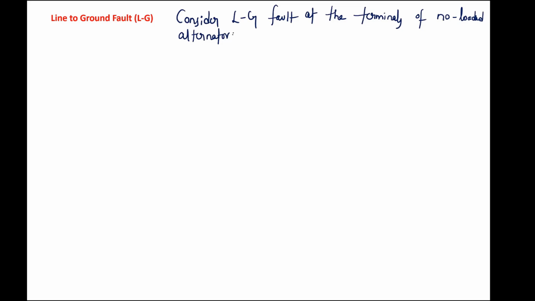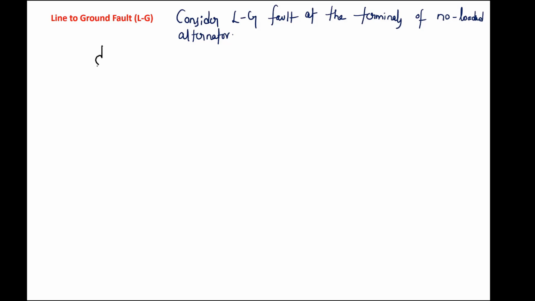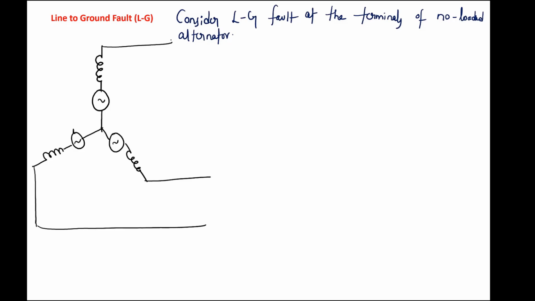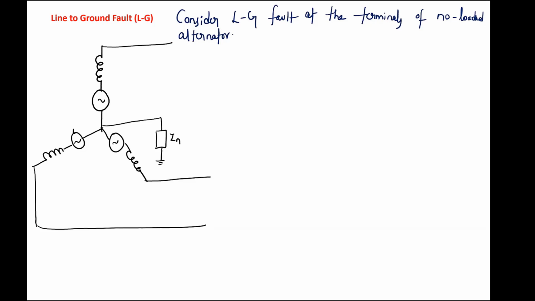Now if we draw the circuit, how would it be? Let us consider this is Zn, the neutral grounding impedance. Now let us assume the fault has occurred on a phase conductor.